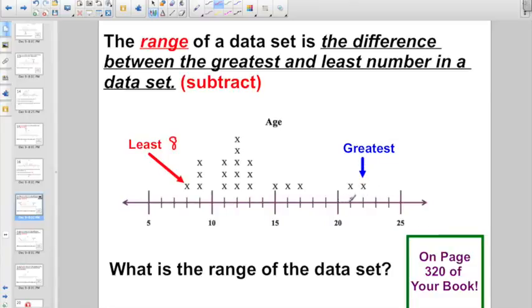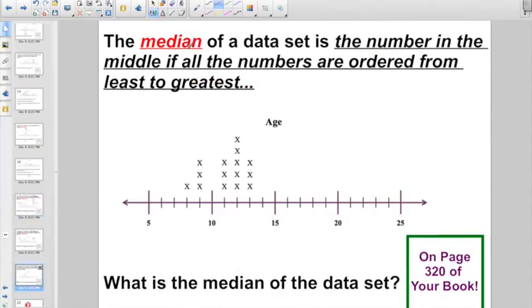Well, if this is 20 and that's 21 and that's 22. Now it's simply a matter of subtracting the least from the greatest. So 22 minus 8, if they want us to find the range of this data set, that's going to give us 14, right? That's not too tough. You find the biggest number in your data set, you find the smallest number in your data set, and you find the difference. You subtract them.